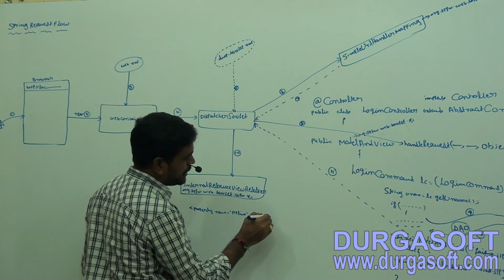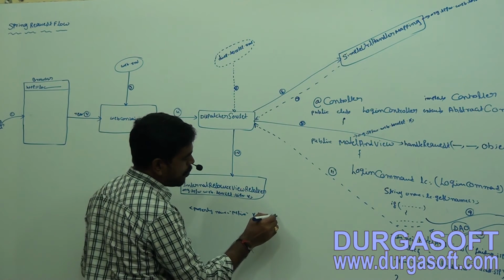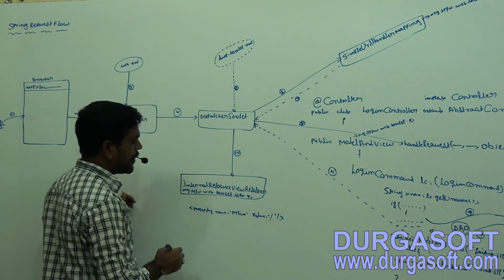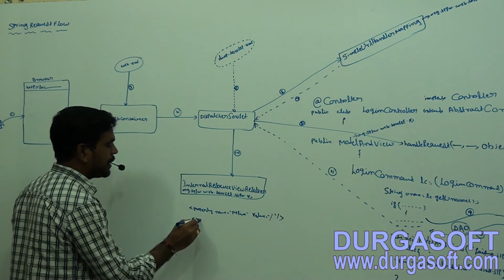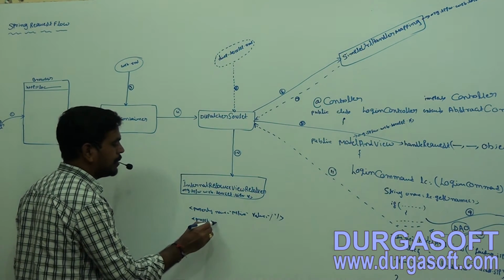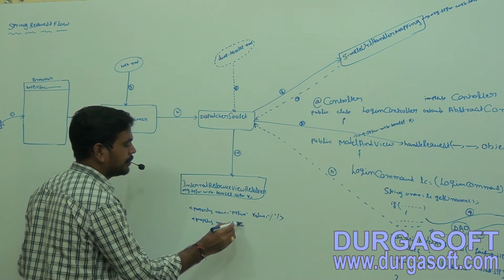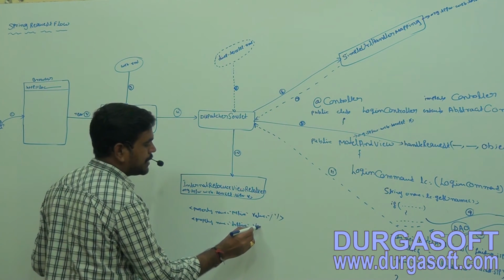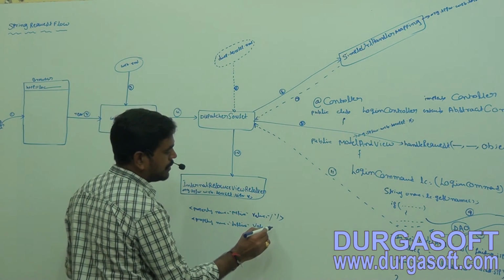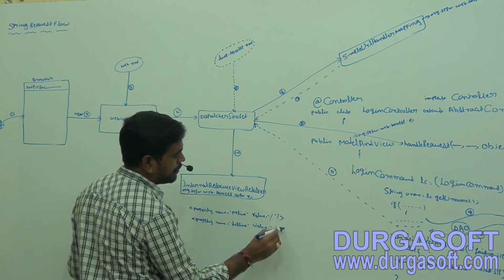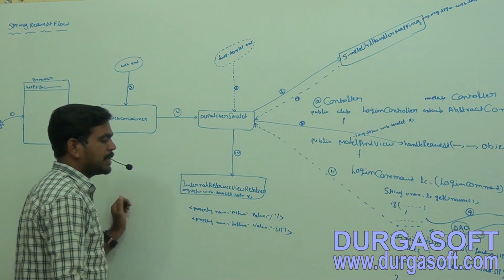Just a slash. Then next, one more property. Property name is equal to suffix. Value is equal to .jsp. Like this we can configure.